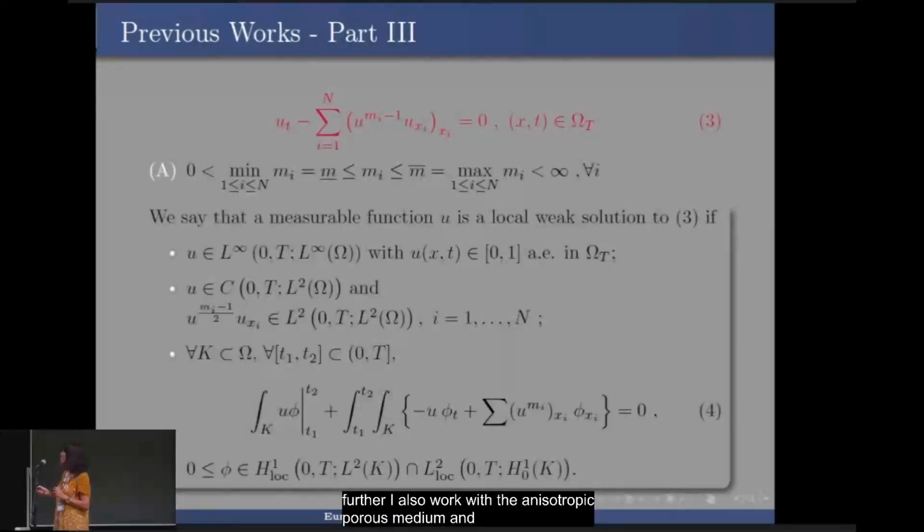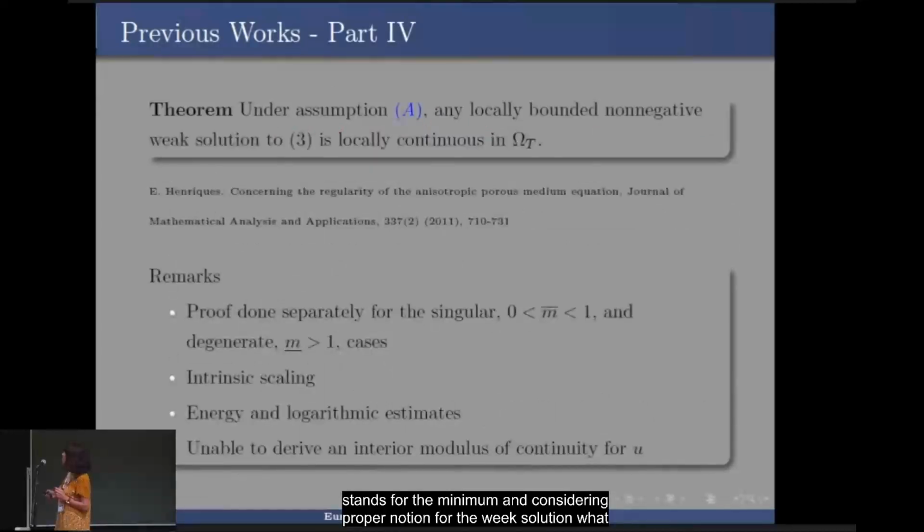A little bit further, I also worked with the anisotropic porous medium. And in this case, I considered the exponents m_i to be positive and bounded. This bar E stands for the maximum, and this bar here, under bar, stands for the minimum. And considering a proper notion of weak solution, what I was able to prove is that for the singular and the degenerate case you could have local boundedness, but I'm not allowing some m_i's that bring the singularity and others that bring the degeneracy.